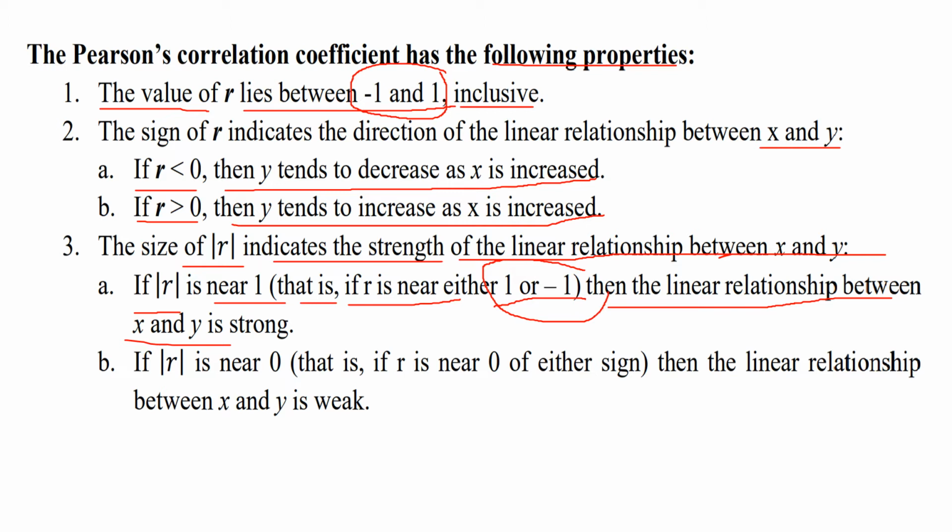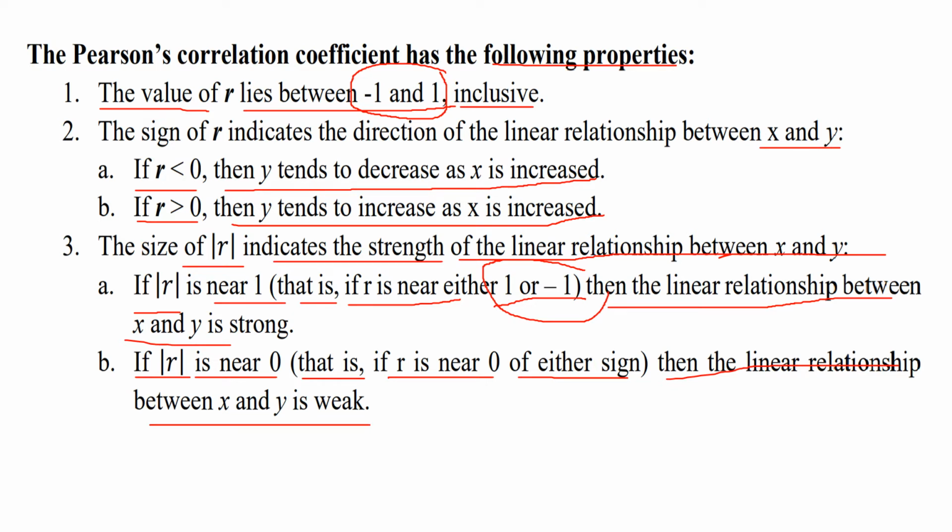Then for letter B, if the absolute value of r is near 0, that is, if r is near 0 of either sign, so it can be negative or positive, then the linear relationship between x and y is weak.